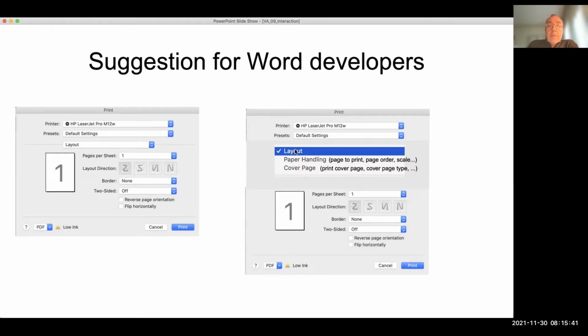And the layout has been selected, and here there is the interface of this. What about paper handling, a cover page? Paper handling is about the pages to print, the page order, scaling the image, or whatever. Cover page is about printing or not the cover page, the type of cover page you want, and so on. So simple. Why don't they do that?